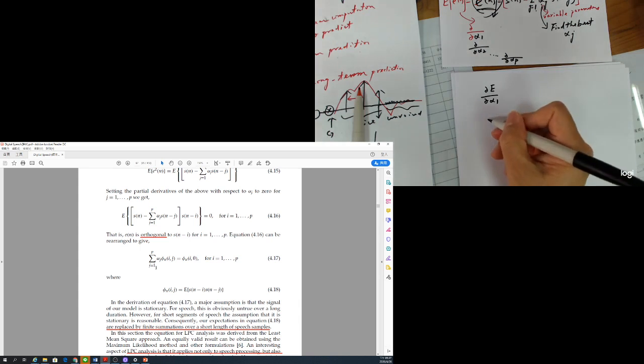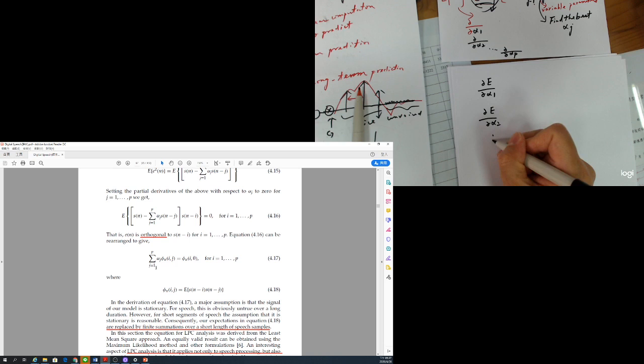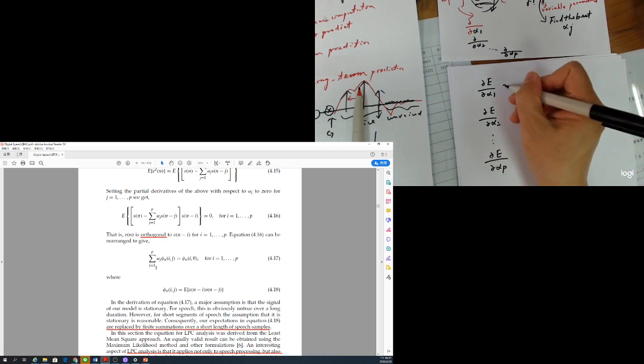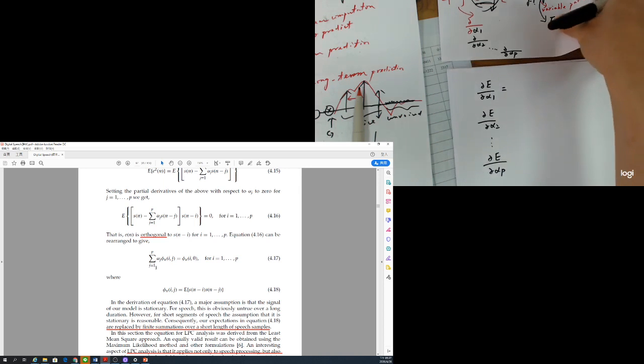Partial R1, and also partial R2, and then your error function, partial RP. If you take the derivative with respect to R1, what do you have?